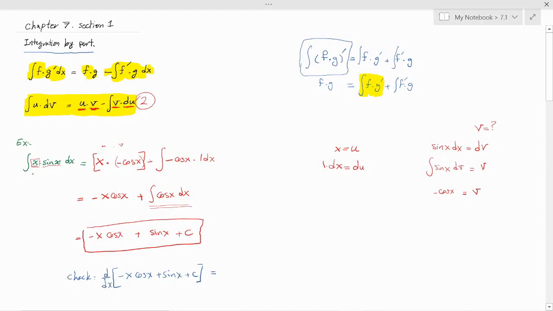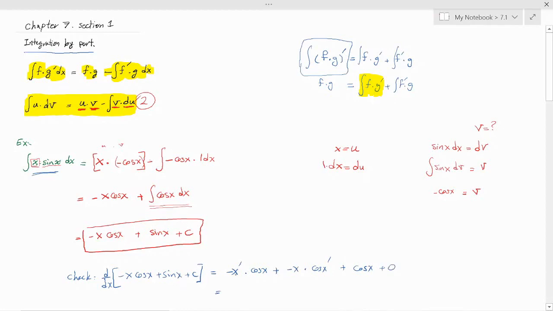Whatever we get should match x sine x. So what do we do for the derivative? The derivative of negative x cosine x, I should use the product rule. It would be negative x prime times cosine x plus negative x times the derivative of cosine x, plus the derivative of sine x, which is simply cosine x. The derivative of constant c would disappear, plus 0.